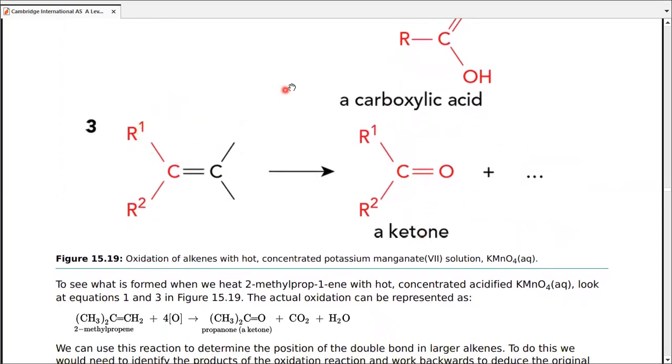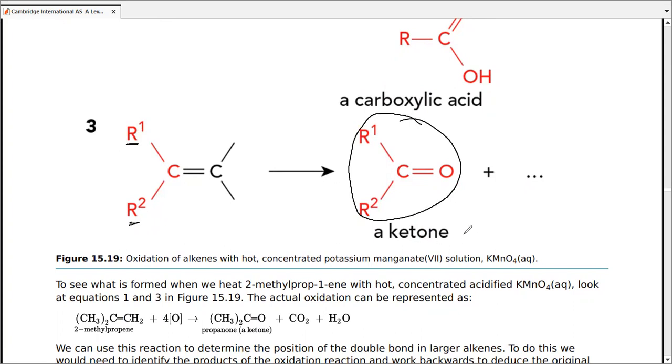Now, if that's R1 and R2, it means these are two alkyl chains. And R1 and R2 can be the same alkyl chains or they can be different. They are going to get converted into a ketone, and a ketone will not be further oxidized into anything.